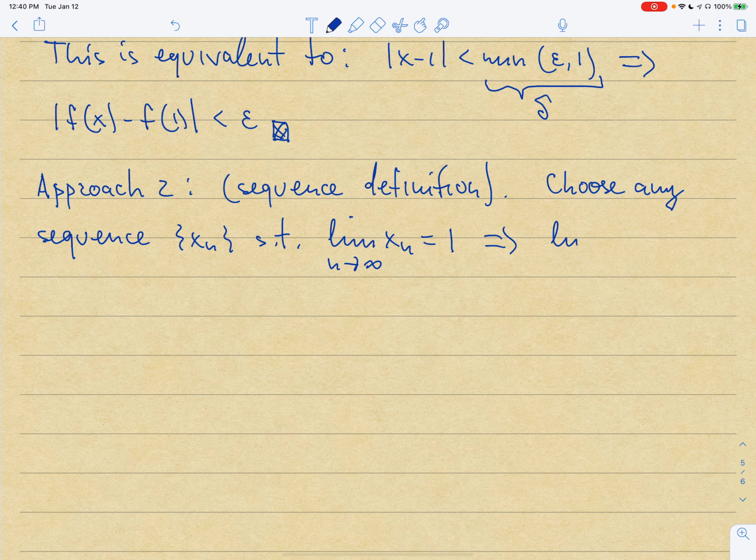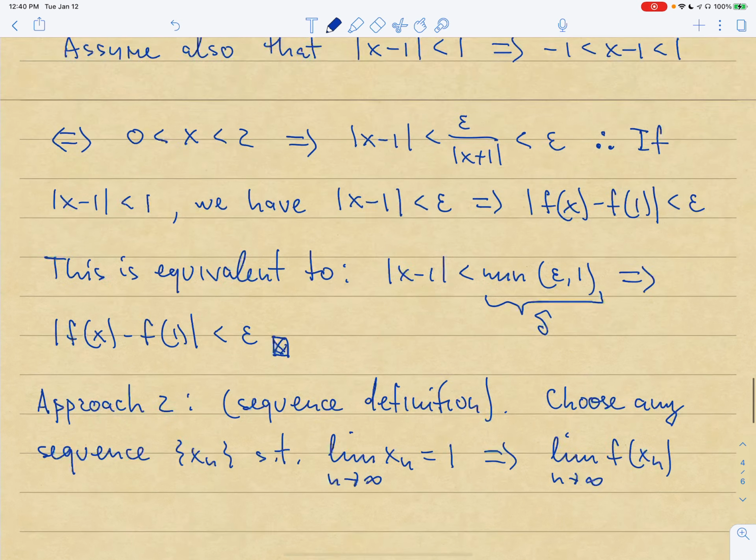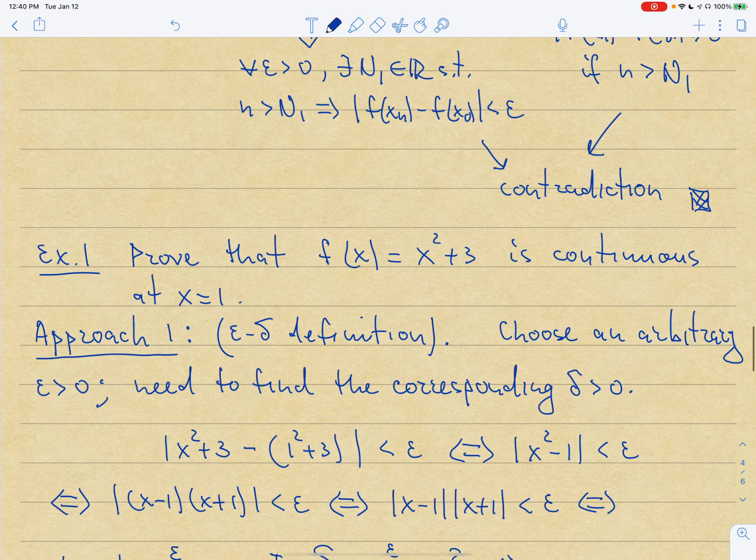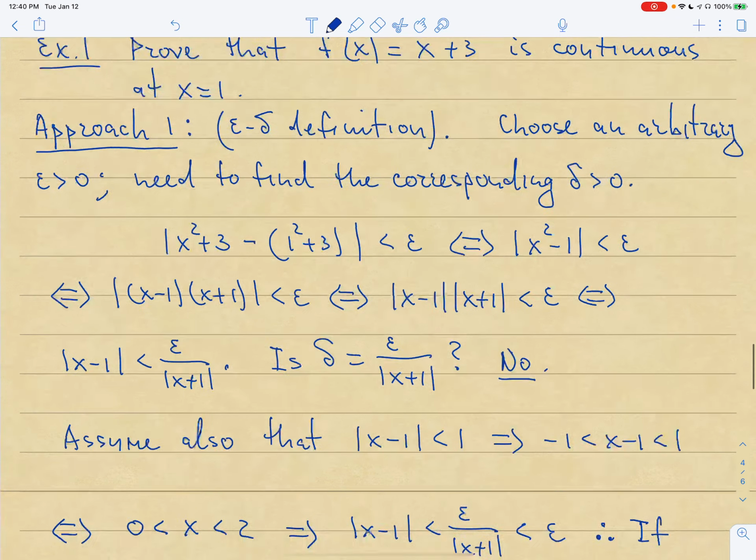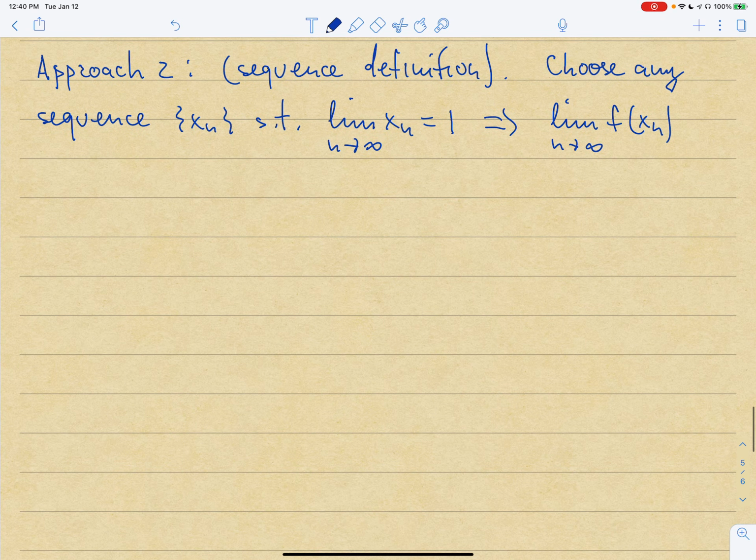So then, if I take the limit as n goes to infinity of f of xn, what was f of x? f of x is x squared plus 3. So this is the same thing as the limit of xn squared plus 3, right?